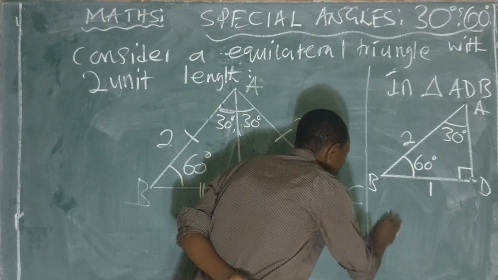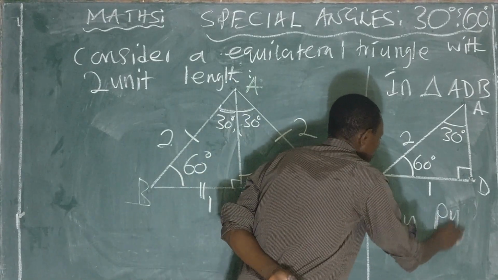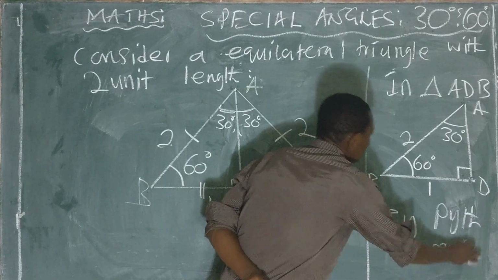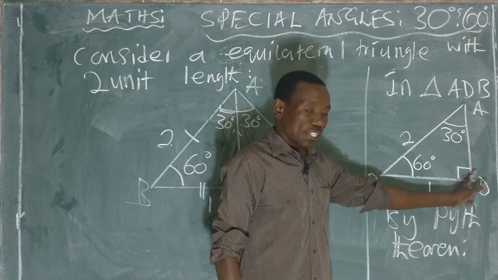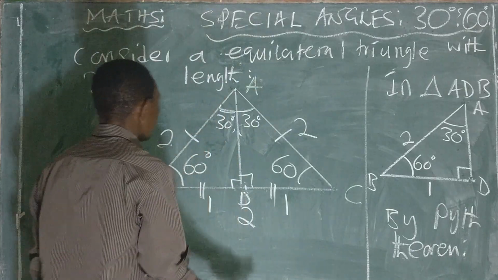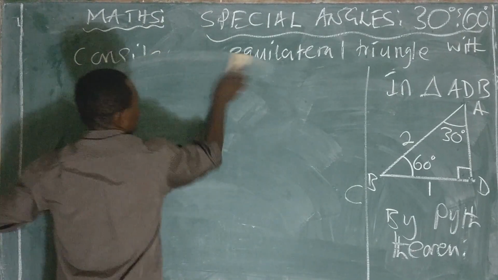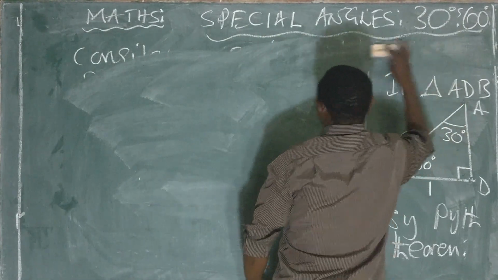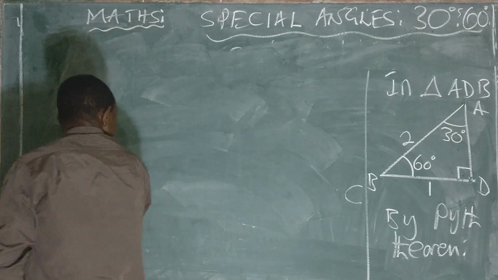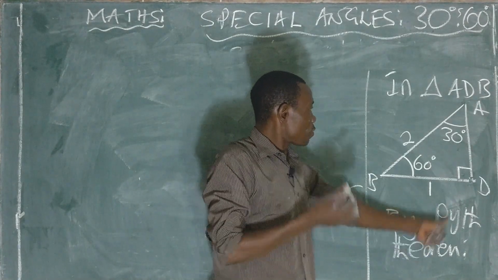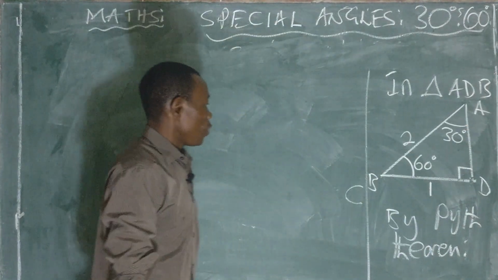So here we are, we say by Pythagorean theorem, let us work out the value of AD. Right, so this is the way we go. For AD there, it means you need to introduce the Pythagorean statement that will give us the value of AD.